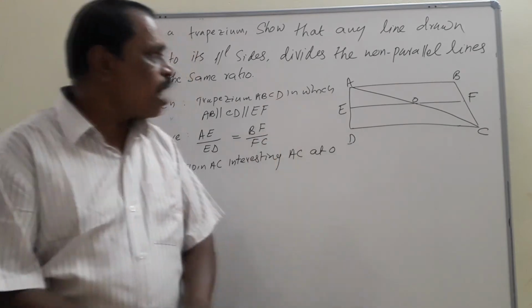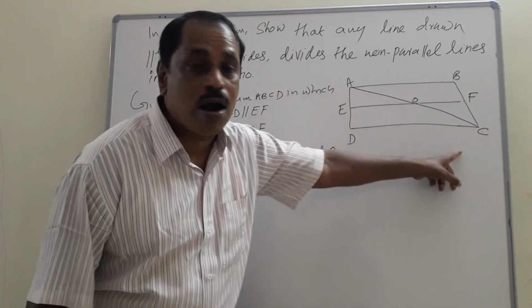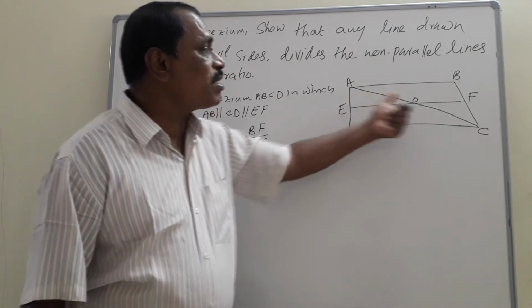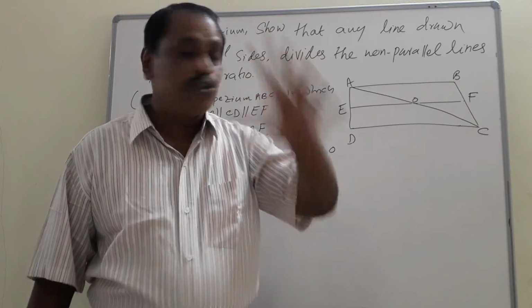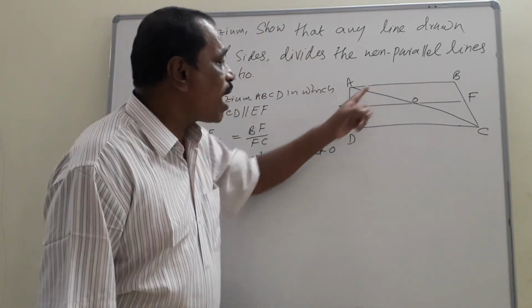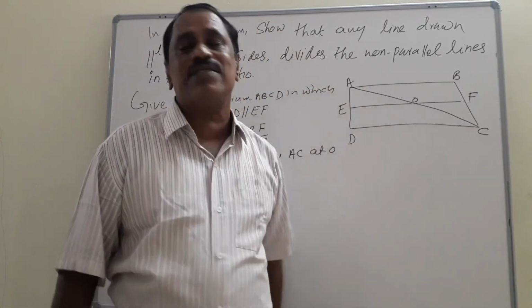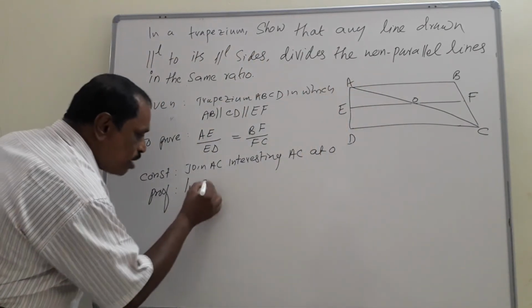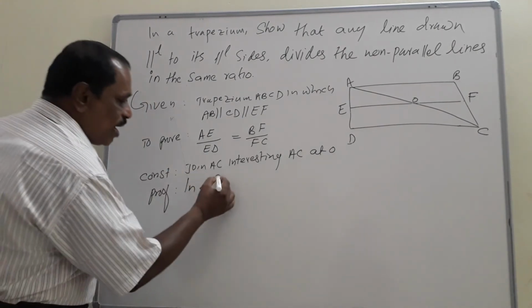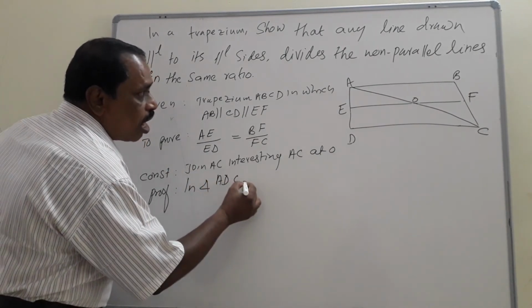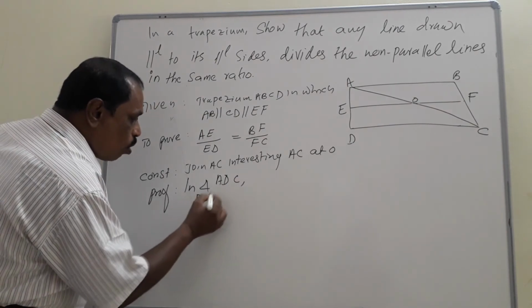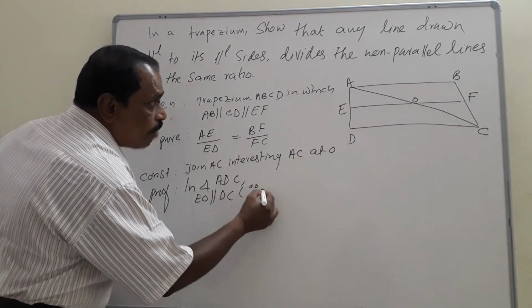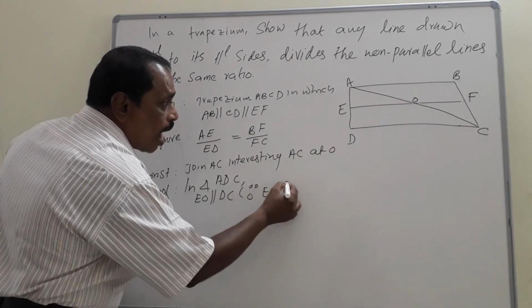Correct? And we know that by BPT, in a triangle, a line parallel to one side intersecting the other two sides at distinct points, then the other two sides, that is AD and AC, are divided in the same ratio. So now in triangle ADC, EO is parallel to DC since EF is parallel to DC.